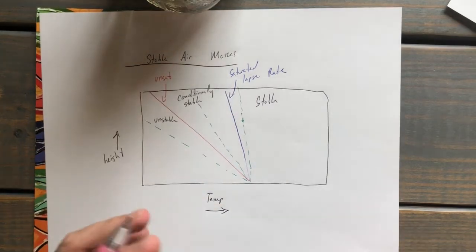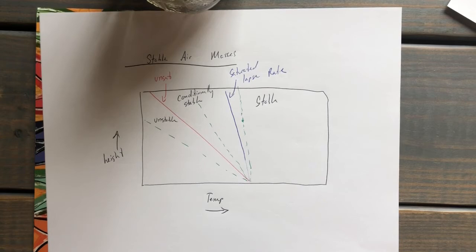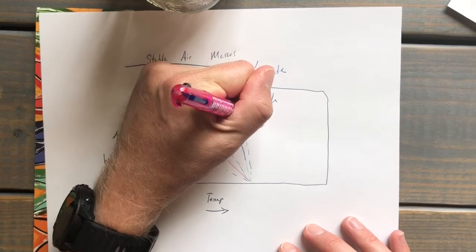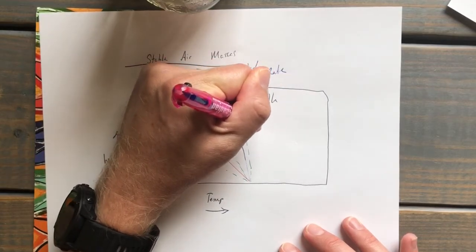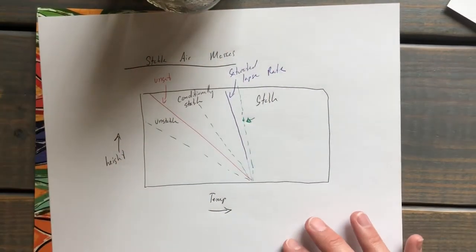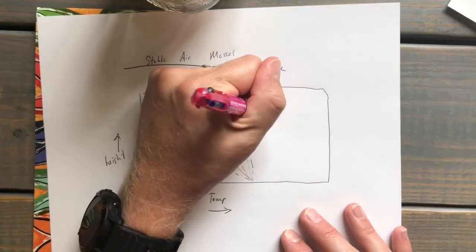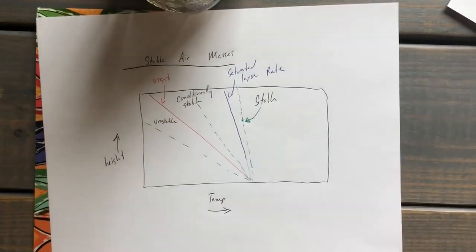And because it's cooler, cool air is more dense, so it's less likely to continue to rise. And so it's preferentially not rising in this case, which is what makes it stable.